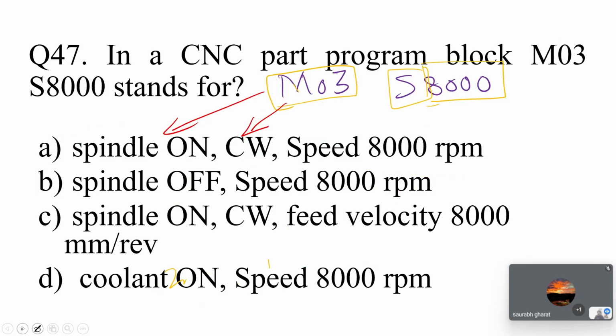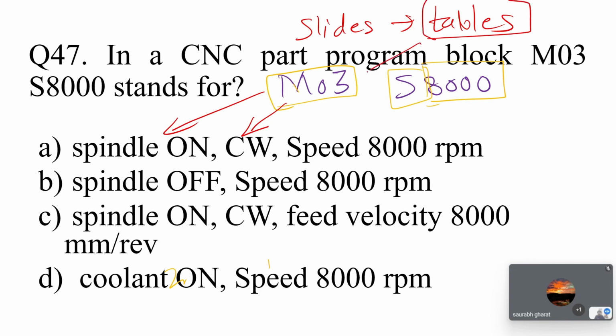So if we go through the slides, the table, if you go through this table, you will get this kind of information. Okay, is it counterclockwise or clockwise? From that you can clearly say that it is actually clockwise. Okay, and if you are using M03, so it is clockwise, and your spindle is on.